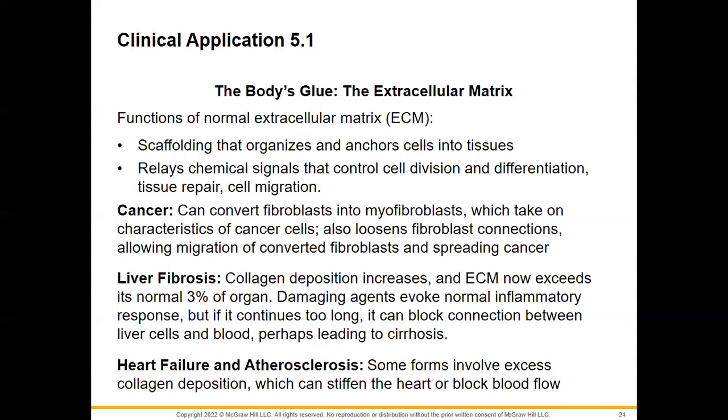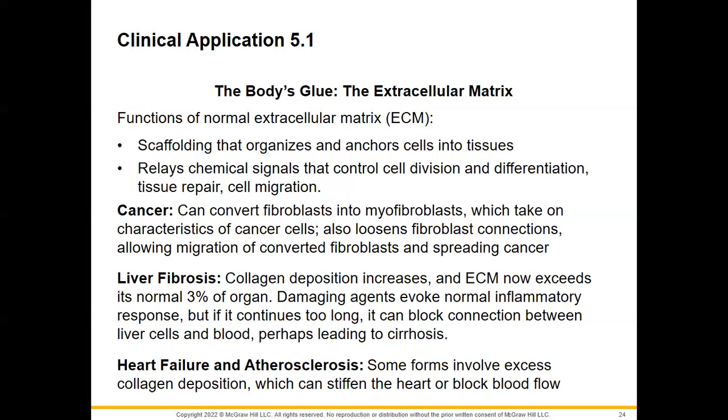So extracellular matrix is like the body's glue. It's also scaffolding. Scaffolding is like the metal parts of buildings, especially in building construction, that helps you organize the structure as you're building it, and then helps to maintain that structure once it's built.